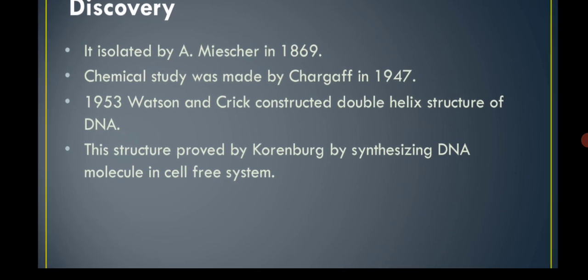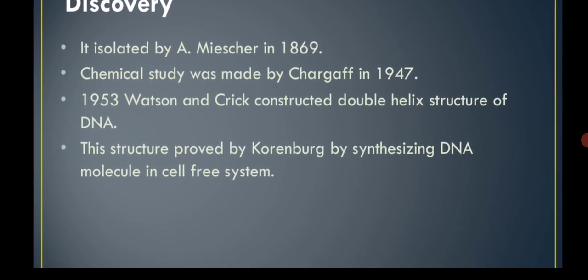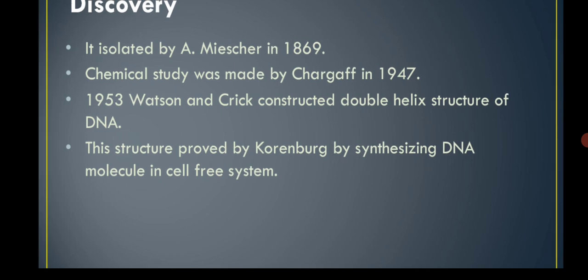It was isolated by Miescher in 1869. Next, the chemical study of DNA was made by Chargaff in 1947. In 1953, Watson and Crick constructed the double helix structure of DNA.